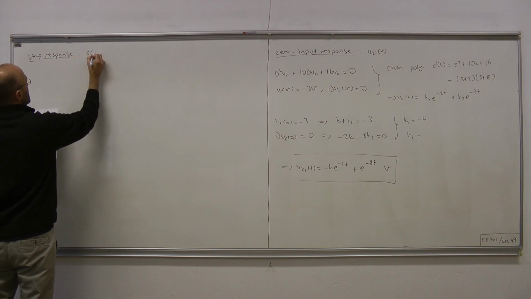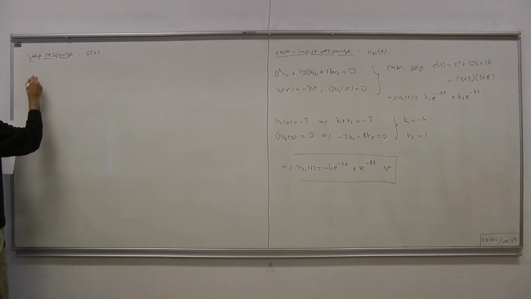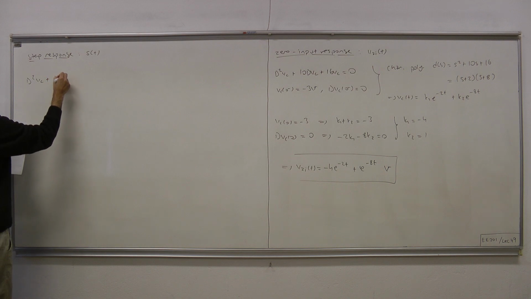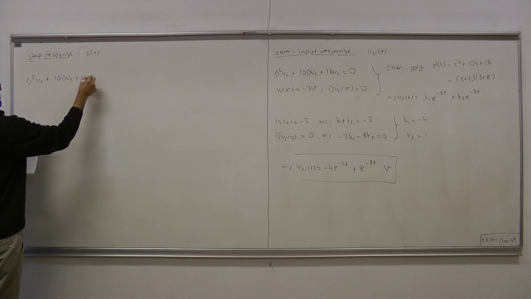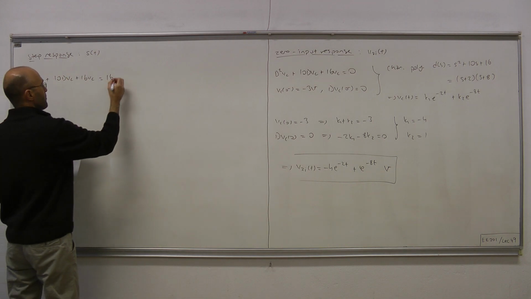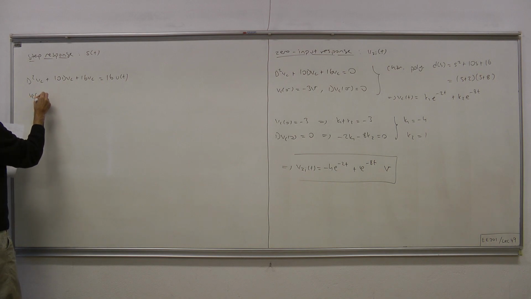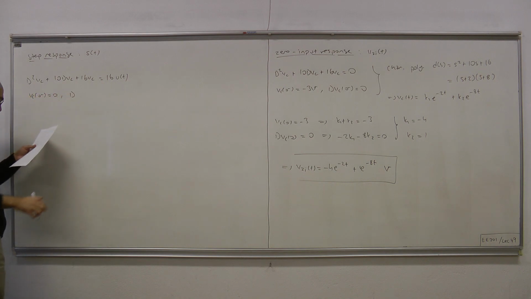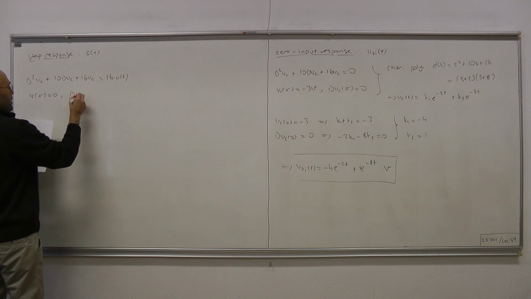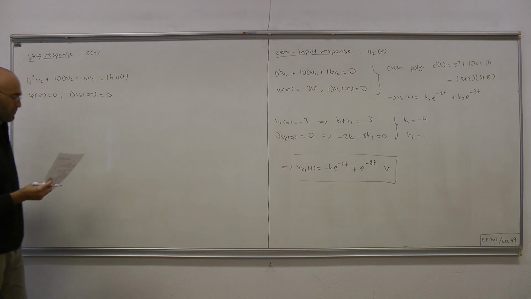Let's call it S of t. D squared Vc plus 10 dVc plus 16 Vc equals 16 Vs. Now Vs is U of t. And by definition, initial conditions are 0 for the step response.